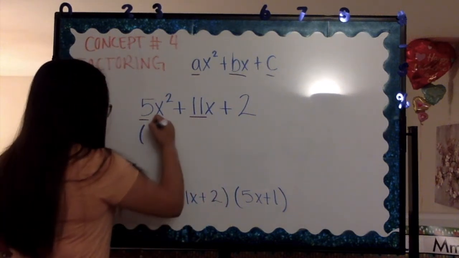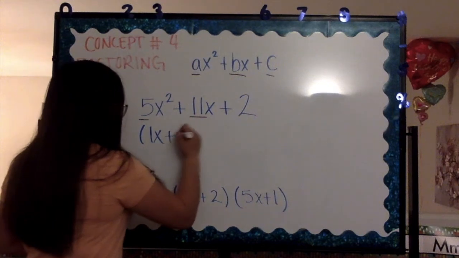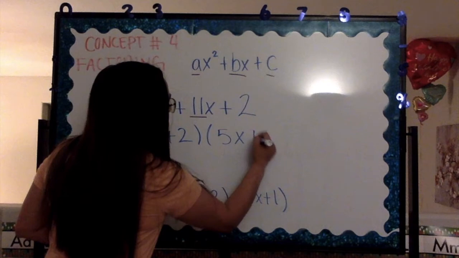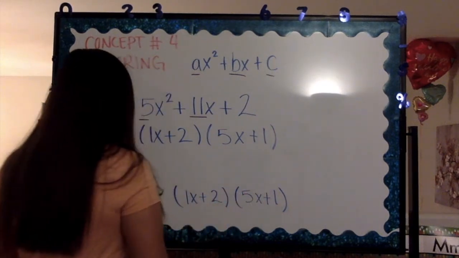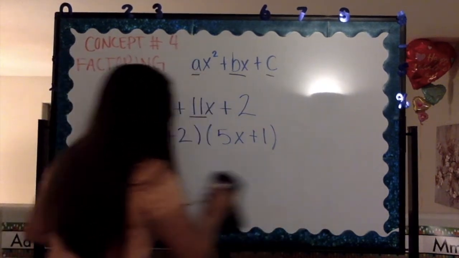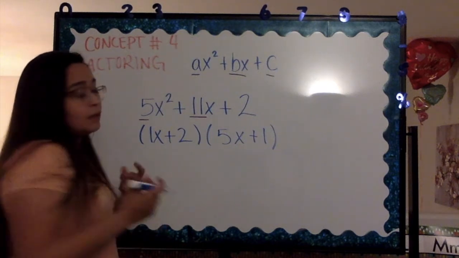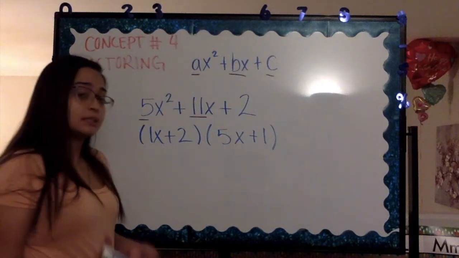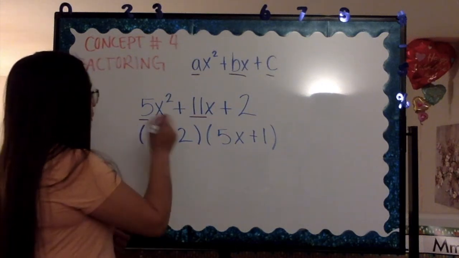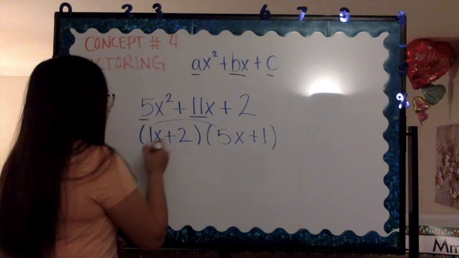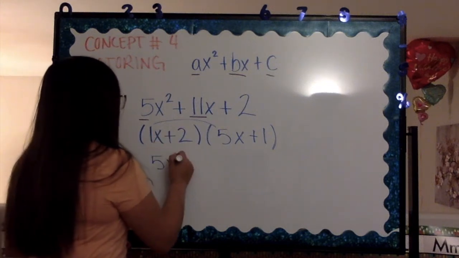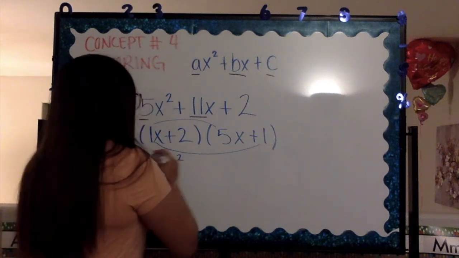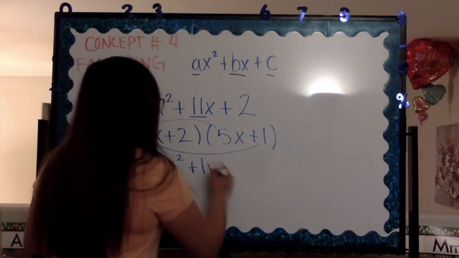Just going to rewrite it a little higher. So again, to multiply two binomials, my favorite method is FOIL. So that's what I'm going to be using. Start with my first numbers, gives me 5x squared. My outer numbers are 1 and 1x, so 1x.